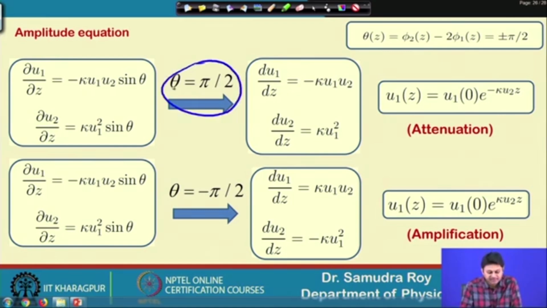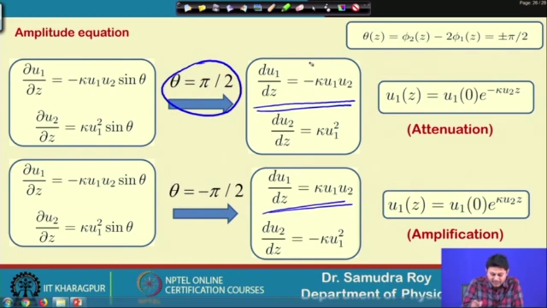When we have this term, we can see that this equation and this equation become the same, only a negative sign is appearing here. Because of this negative sign, if I do a similar process to what we did for this case, we will find that the exponential term will appear here as usual, taking u 2 as a constant, but one negative sign will also be there.